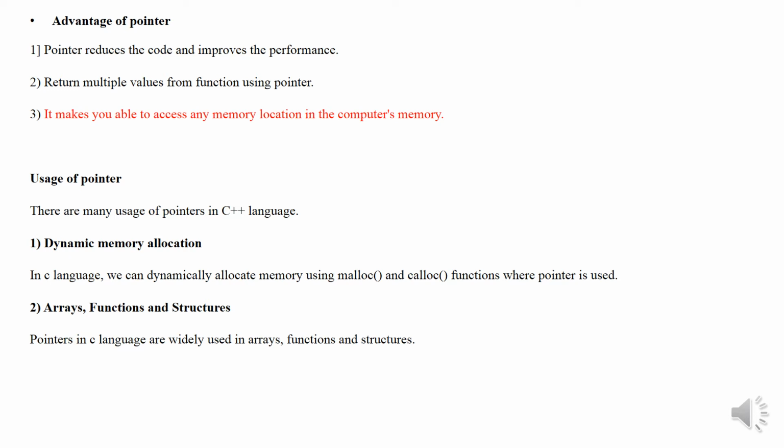Asterisk is called the indirection operator. Ampersand is the address operator and the asterisk sign indicates the indirection operator. By using the asterisk sign, we access the value of an address. So these are the two important symbols that will be used when we have to perform the practical by using pointers.